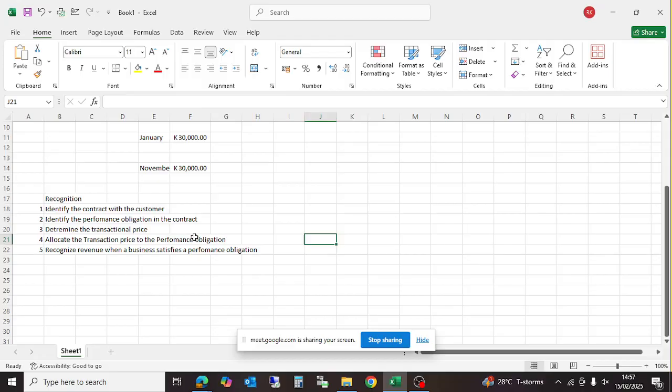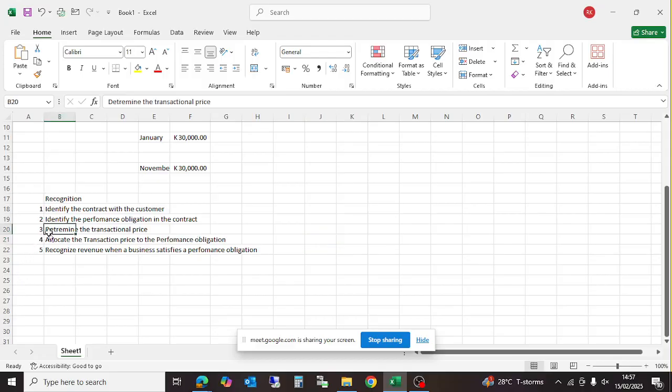In our example, 200 bags of cement at 150 kwacha, the performance obligation is us giving our customer 200 bags of cement, because they have already done their part, they have already paid. So we have identified the performance obligation in our contract example.